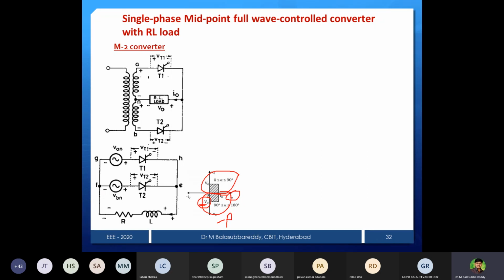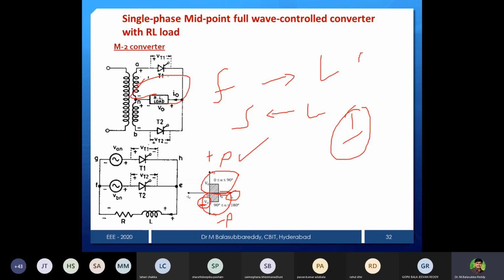Positive power means power flows from source to load; negative power means power flows from load to source. Whatever power is available in the load is fed back to the source side. This I call the inversion mode of operation, and the positive case the rectification mode of operation.